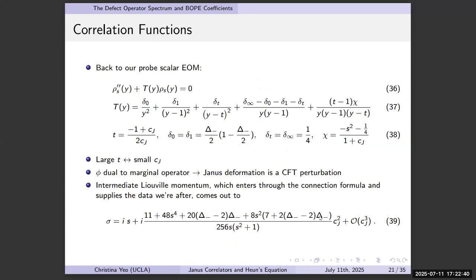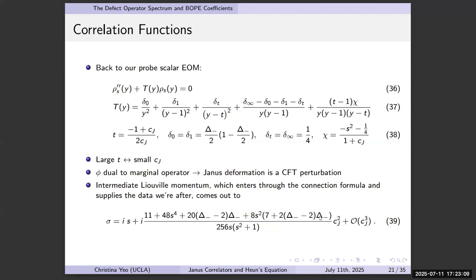Back to our physical setup, we have our probe scalar equation of motion in the 3-dimensional Janus solution, and looking at how T, which is what the light degenerate operator insertion depended on, depends on our Janus deformation parameter in this way. So the large T expansion is a small CJ expansion. The dilaton, since it's massless, is dual to a marginal operator on the boundary, so it doesn't trigger an RG flow.